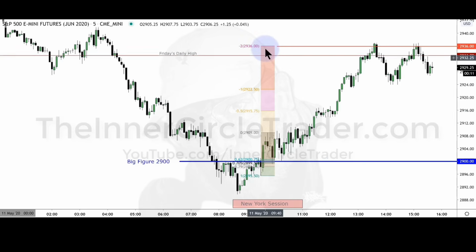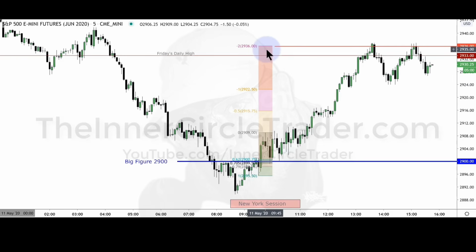Then ultimately, as I mentioned in this pattern, this level here on the fib, if it gets to that price level and runs a specific price point for liquidity, which is the Friday's high, which we annotated on the daily chart, the market will likely want to gravitate towards that old Friday high because the trend is bullish. It's going to want to take liquidity out of there because a lot of people are short selling in the S&P. The market has taken up above Friday's high and to the fib level 29.36.